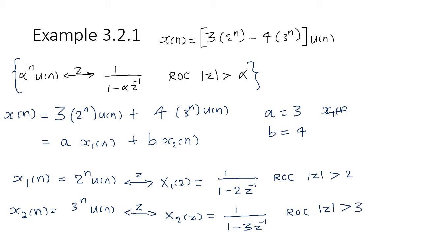Okay, now let's use the linearity property to find the z transform of our signal. So we just calculated the z transform of x1 of n and x2 of n.